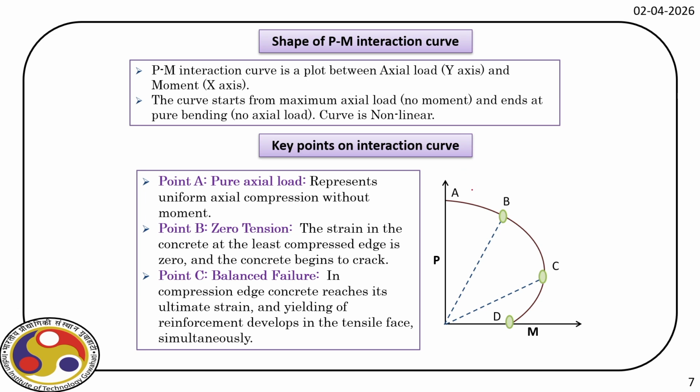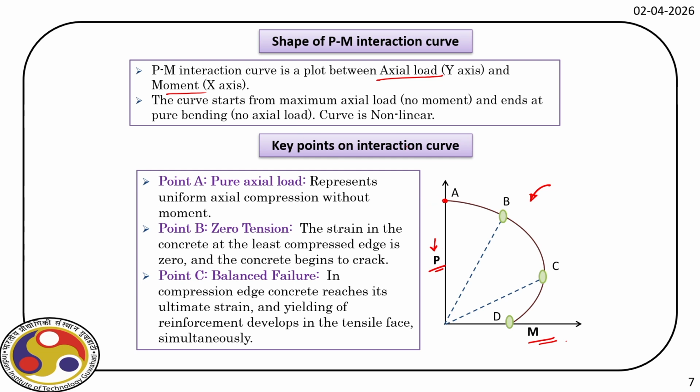Okay, so here you can see a schematic diagram of the PM interaction curve. Now, in this curve, on the y-axis we have the load and on the x-axis we have the moment. So the PM interaction curve, where P, that is the axial load, is in the vertical axis, starts from this point A. We'll see that in a minute. So it is a plot between axial load and moment.